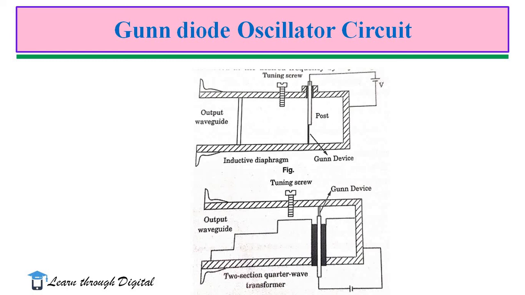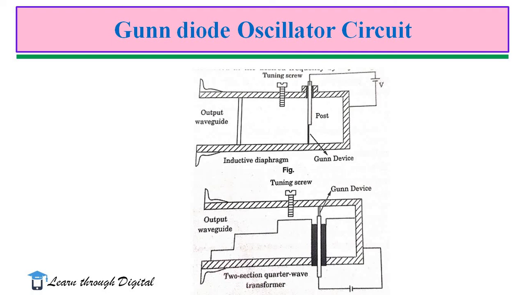So here, a tuning screw is provided. Gunn device is placed in the post. The degree of coupling to the external waveguide is adjusted by changing the window opening in the inductive diaphragm located at the front end of the cavity.